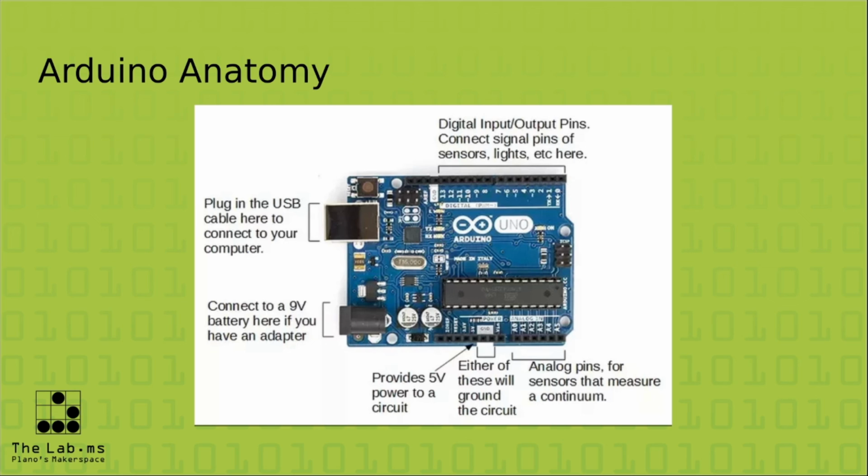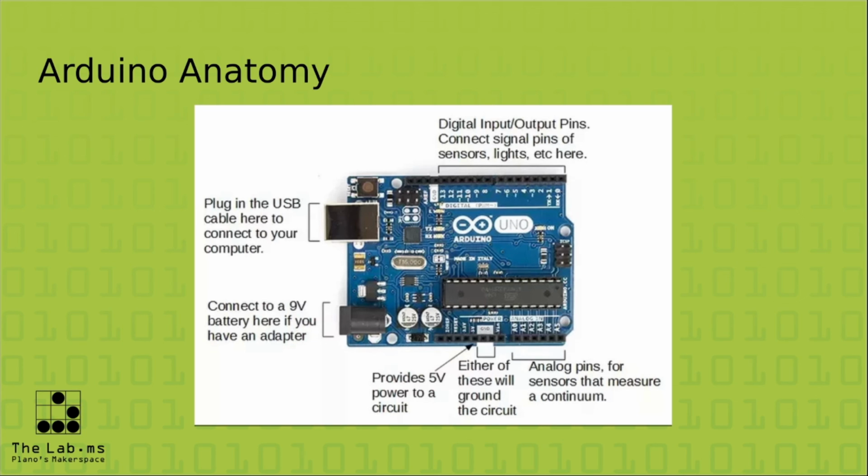And then there's a couple of ground pins there, so you can complete that circuit. And then on the far right bottom, we see the analog pins. Those are for devices that return analog values. So things like a light-dependent resistor give a voltage rather than returning a digital 1 or 0. You can connect those there.